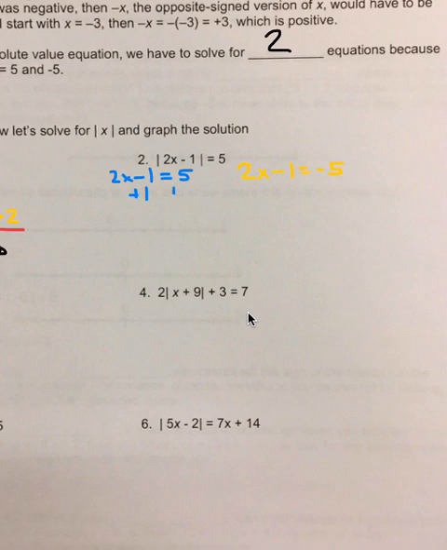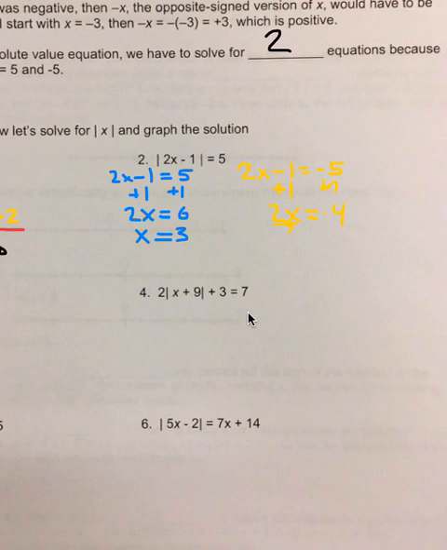So I'm adding 1 to both sides. 2x equals 6. When I divide by 2, I end up with x equal to 3. So the 3 is right. But over here, when I add 1, 2x equals negative 4.